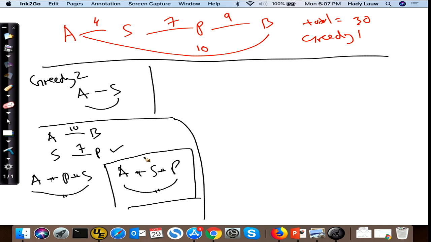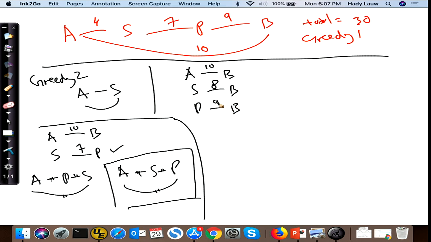In the next step, we are going to try to expand from each point, whether from A, from S, or from P. But actually, there is only one city left, so we have to examine A to B, S to B, P to B, which one is the smallest. A to B is 10. S to B is 8. P to B is 9.